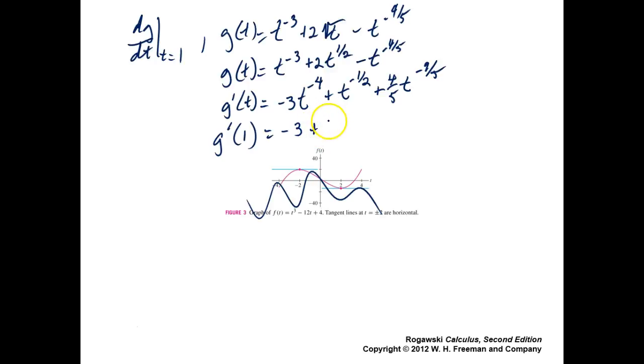Plus 1, plus 4/5. If there's anything that I enjoy plugging in more than t equal to 1, it would be t equal to 0. T equal to 1 is so easy, you just wind up with your coefficients. But we don't quite have an answer yet. What does this lead to?